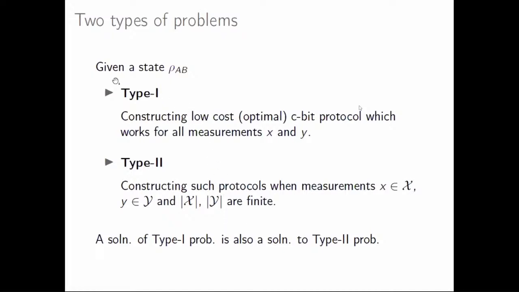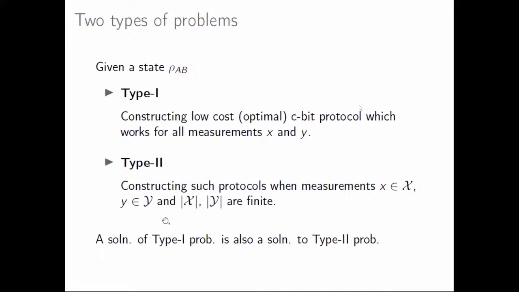Now the question is, if we are given a state rho AB, the type 1 problem tries to construct a low cost or optimal C-bit protocol which works for all measurements X and Y. So the measurements can be arbitrary, but there is just one protocol which will tell us that whatever measurement Alice and Bob get, they can simulate the quantum probabilities by a certain number of C-bit communication.